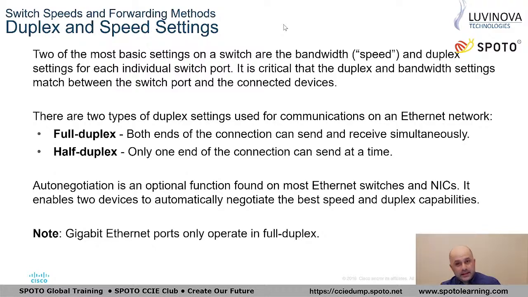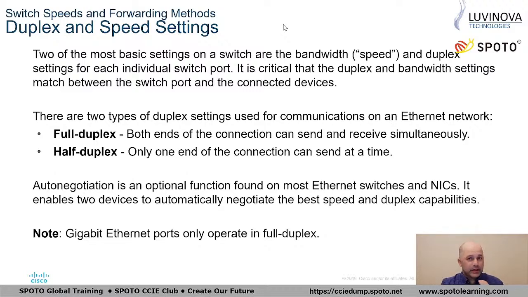Duplex and speed testing. We're going to talk about some issues that might occur in the cables and switches during communication. We talk about half duplex and full duplex, and as you already know, and I mentioned it before, half duplex is when one computer sends and another computer waits to receive.